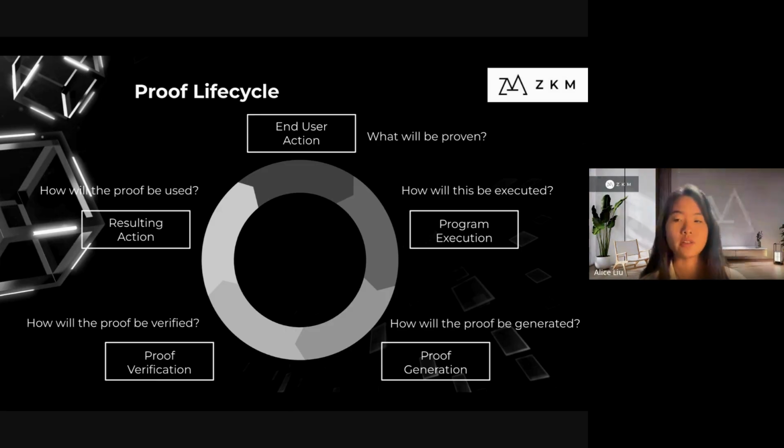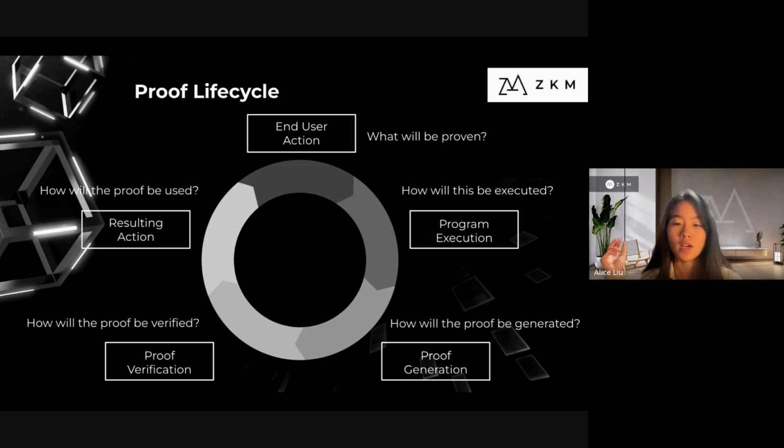And then you need to decide how this will be executed. If you're using a ZK VM, this will come in the form of executing your program. And then the next question is, how will this proof be generated? That's the proof generation aspect. And then you need to see how that proof will be verified. There's both off-chain and on-chain verification for Ziren and for a lot of ZK VMs that currently exist.